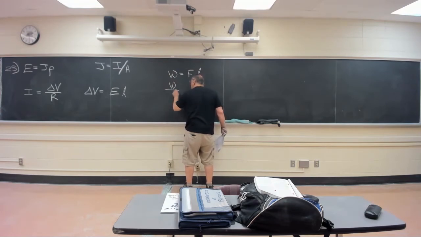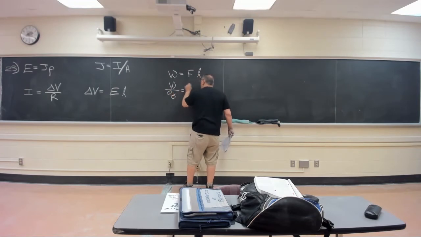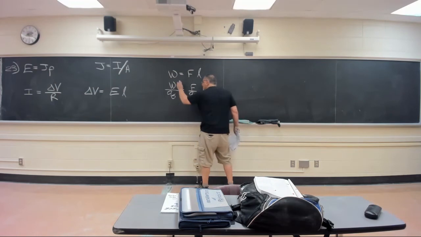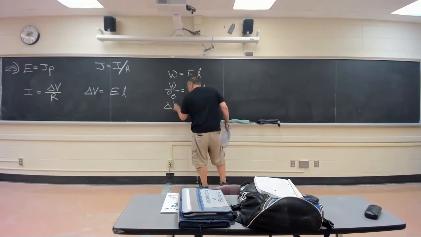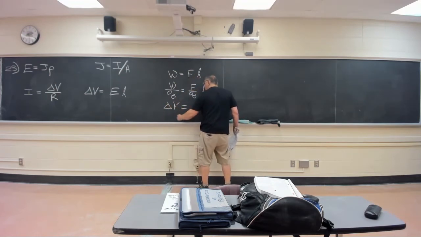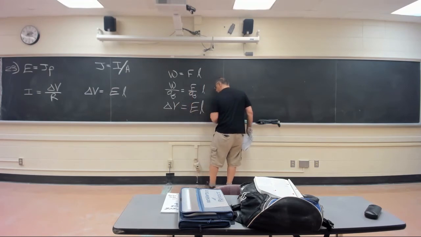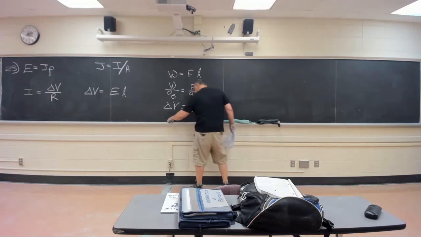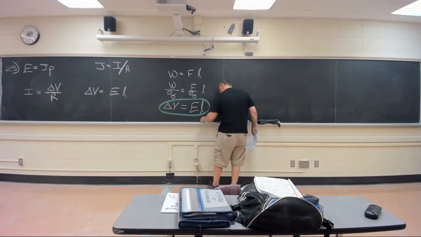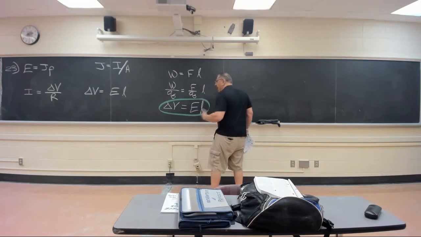Work divided by charge is F divided by charge times this. This right here is work per unit charge. This is force per unit charge. And you're getting this. So you can argue with it that way.